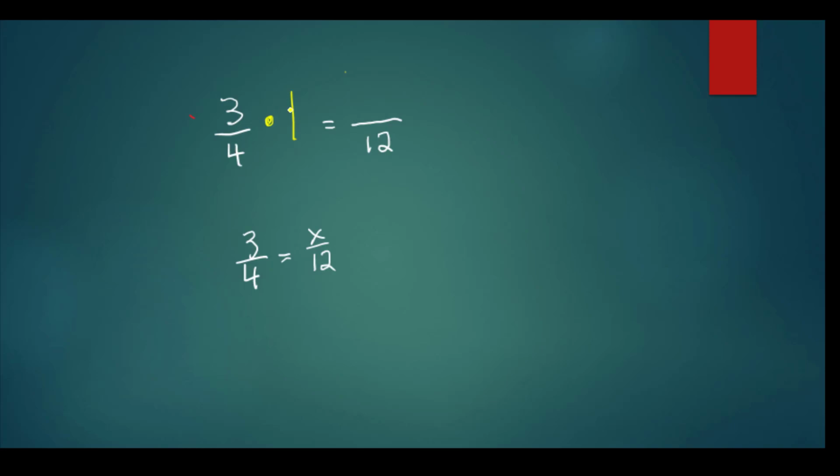Obviously, 3/4 times 1 is 3/4, but I want to change it into 12ths. So, what am I going to do? And if you answered that you're going to multiply it by 3/3, you would be correct, right? Because 4 times 3 is 12 and 3 times 3 is 9.